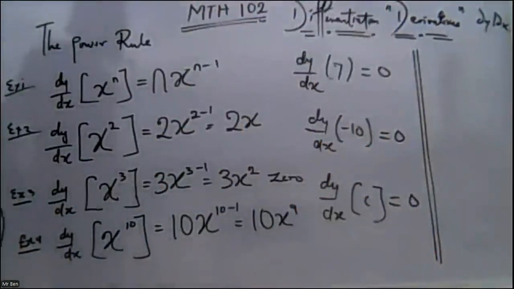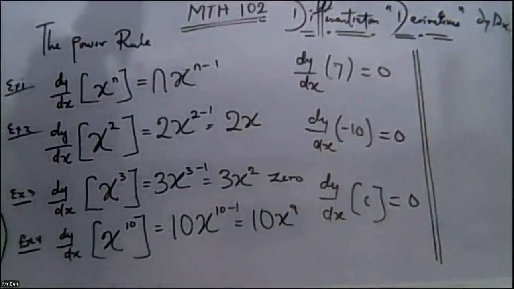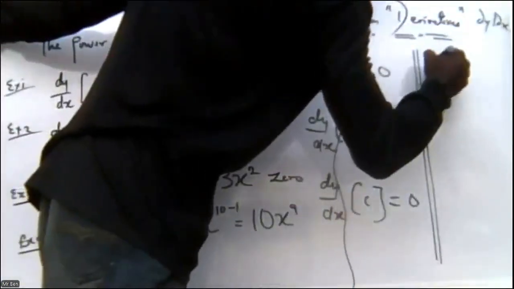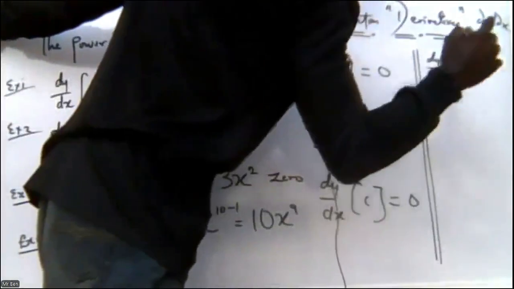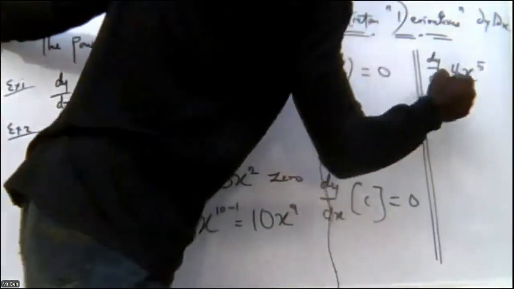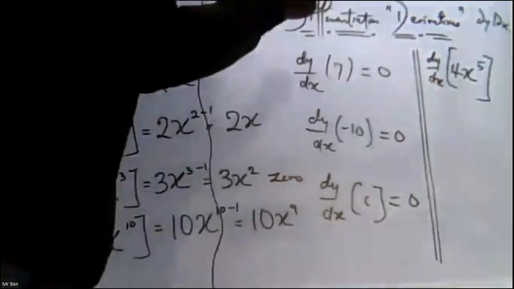Okay. Let's differentiate 4x raised to power 5. That is, find dy dx with respect to x of 4x raised to power 5. Find the derivative.